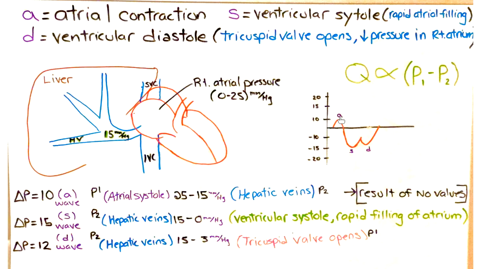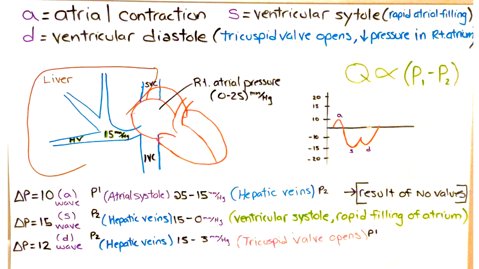Well, first of all, the atrium contracts, and the atrial pressure ranges from 0 to 25, okay? Because there's a range of pressure, the high pressure is when the atrium is actually contracting. So that's when it reaches its high pressure. When the atrium is contracting, atrial pressure is 25.